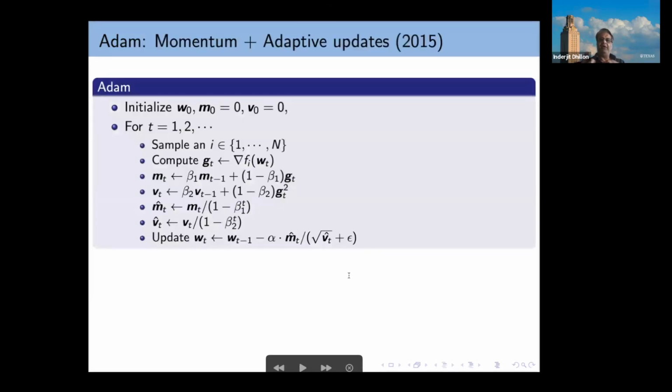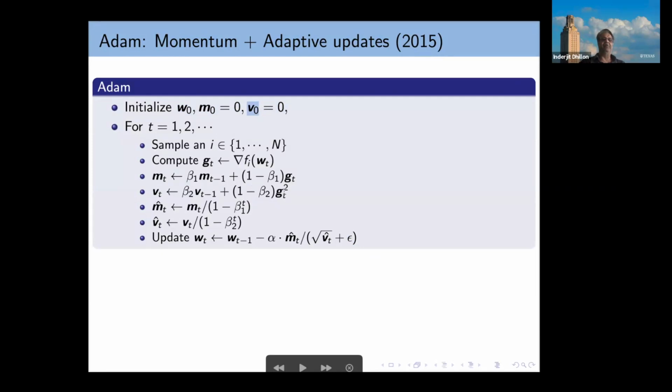Okay. And then if you look at current LLM training, probably the most popular method is the Adam optimizer, right? And the Adam optimizer, the name is basically momentum plus adaptive updates. So you initialize momentum, and the notation is slightly different over here.